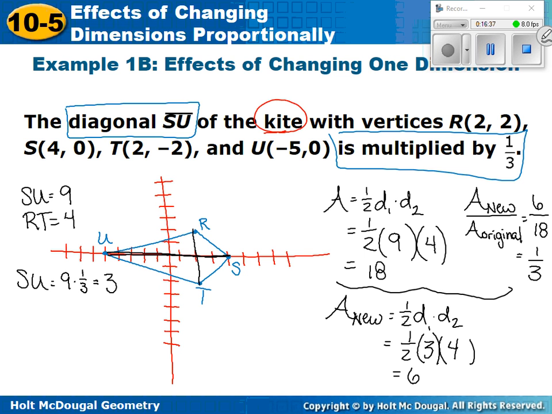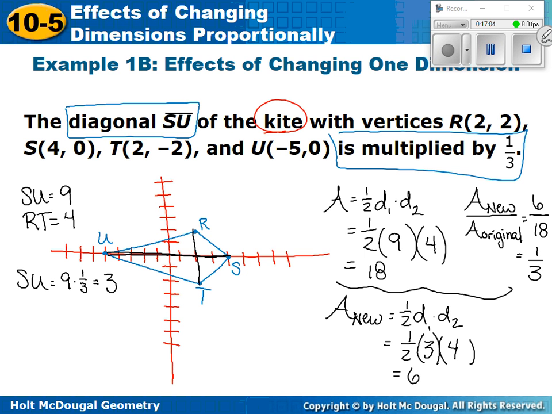So write this down in your notes. This is your kind of general shortcut. And I don't think I have it written down anywhere in the notes, so you need to add this to your notes. If one dimension is multiplied by, and I'm going to call it A, just a variable.